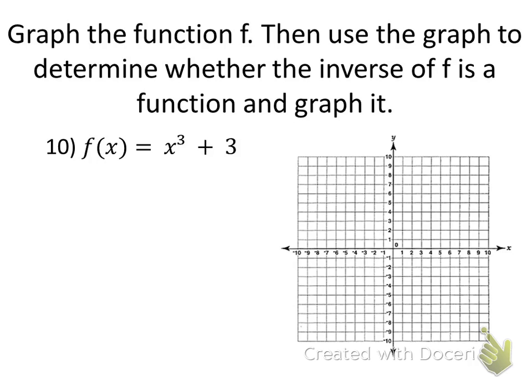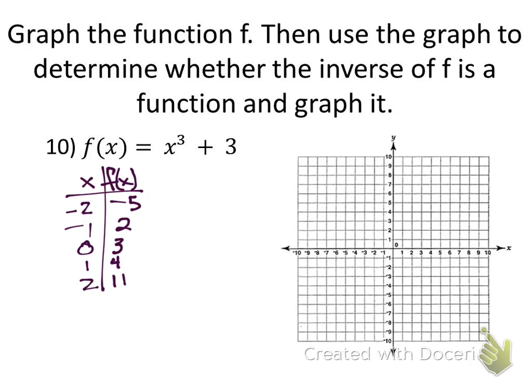Next one. We're going to produce a table because I have a feeling we forgot how to graph x cubed plus 3. So let's plug in some numbers like negative 2, negative 1, 0, 1, 2. Find their output. We get our outputs and then we plot them.